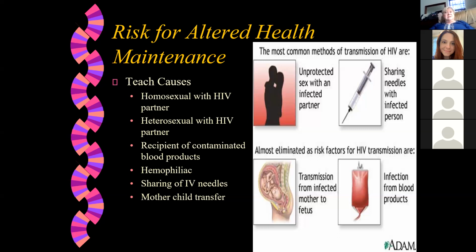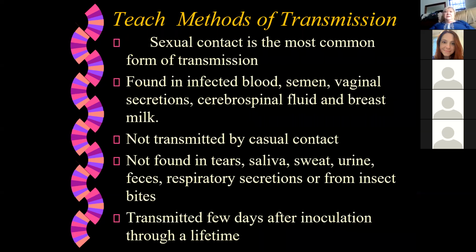Hemophiliacs that have to get lots and lots of blood products throughout their lifetime are at higher risk. Sharing of IV needles is a problem. And mother to child transfer is a problem. These are some of the most common risks that we see. So education is still very important, because sexual contact is still the most common form of transmission.